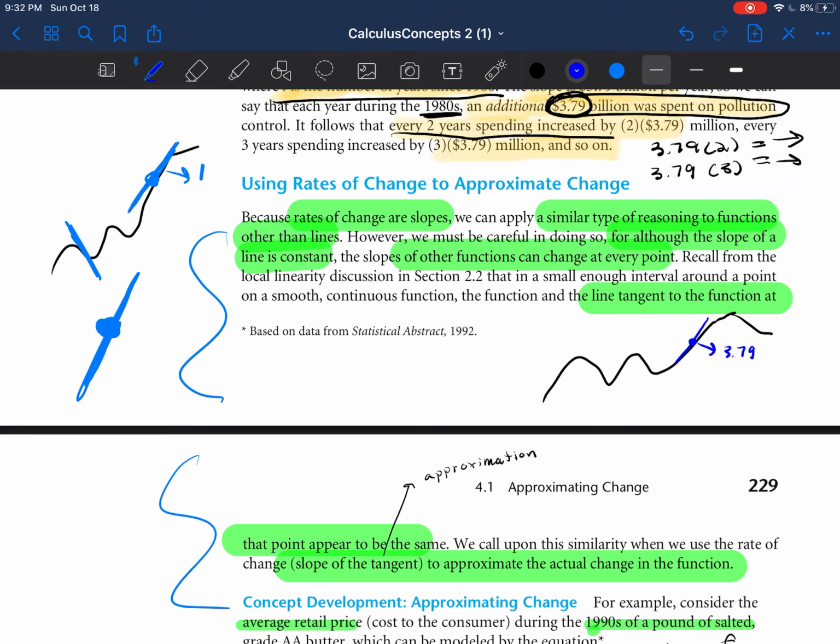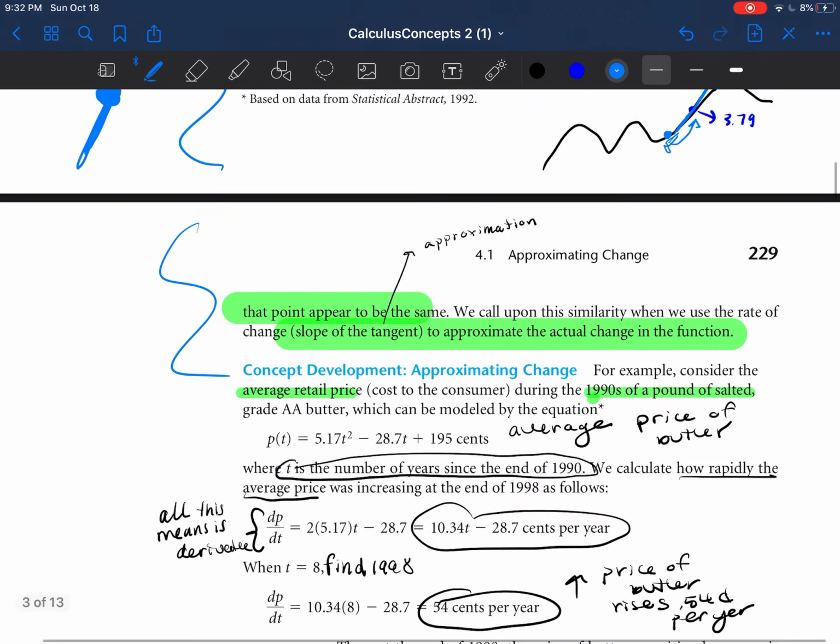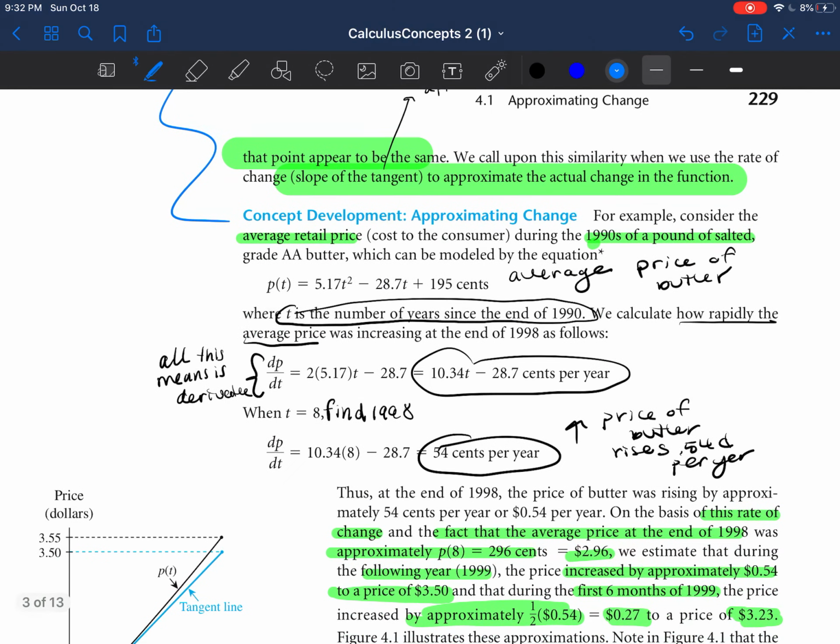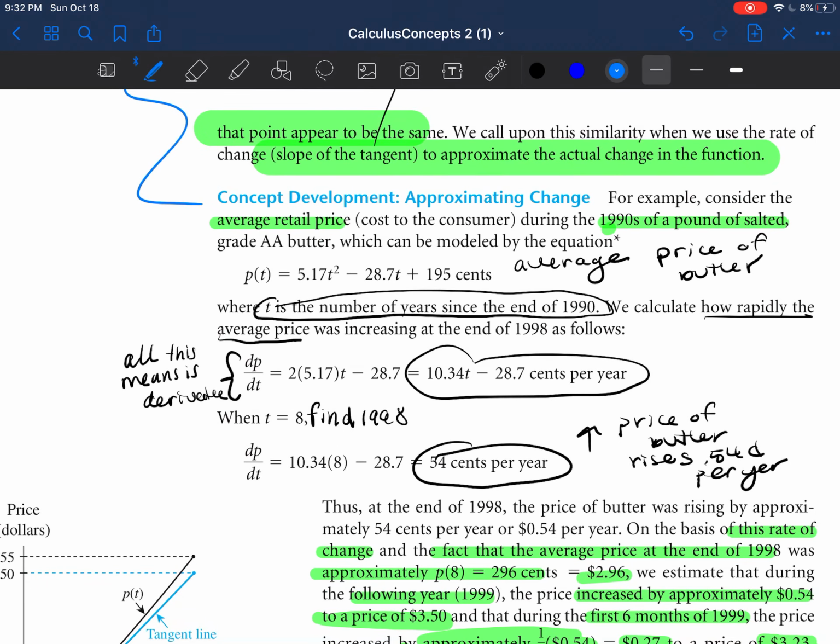But the further you move away from that point, so let's say you use this line to estimate the rate of change for a later year, the less likely it will be accurate. The less likely it will match the actuality. That's all it is saying. This is basically what I just said, so take a moment to read this.